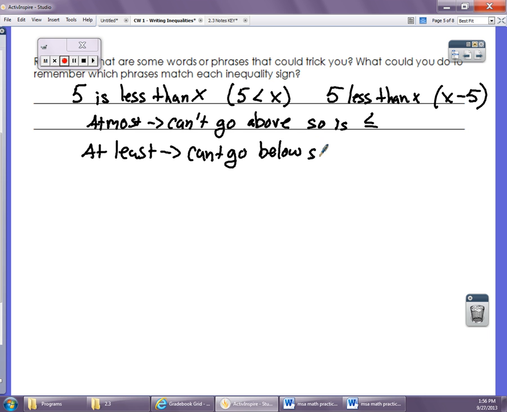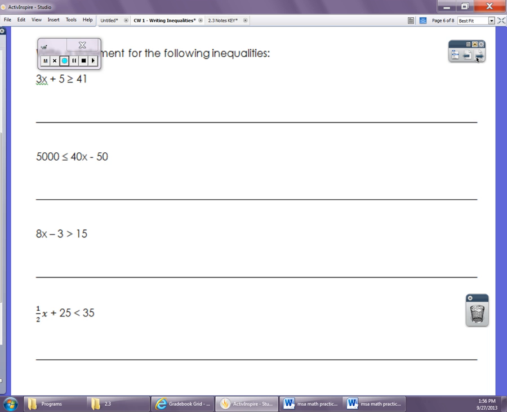So it's greater than or equal to. So at most, it can't go above that value. That's the highest value compared to at least, it can't go below that value. And then we get to writing some of these. We'll do the first two together and then answer the second two.